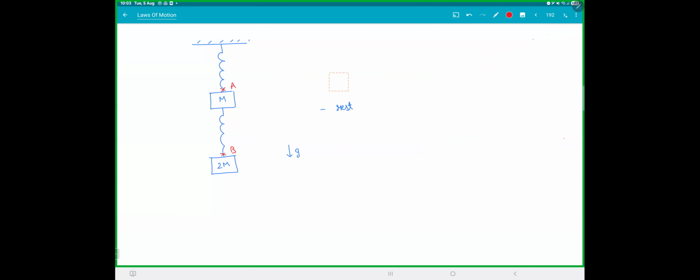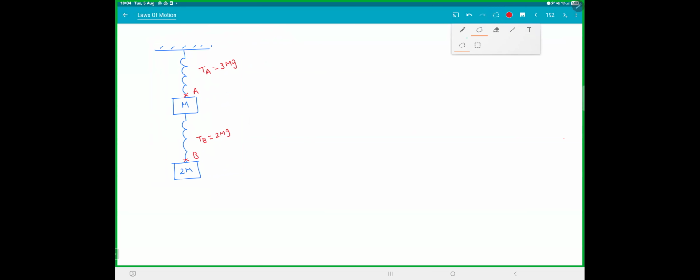Step 1, find the tension in the springs. Here this will be TB, which is 2mg. This is TA, which is 3mg, because it is balancing both the blocks. Now, when A is cut, the moment you cut at A, TA becomes 0. The other one, TB, will remain the same because that elongation is unaffected.